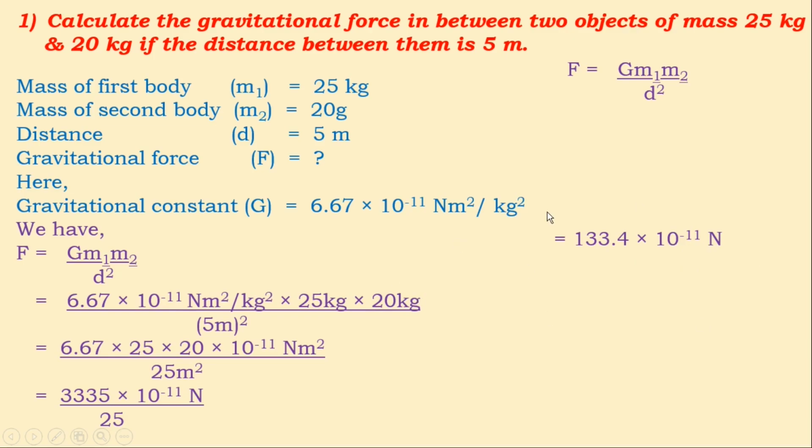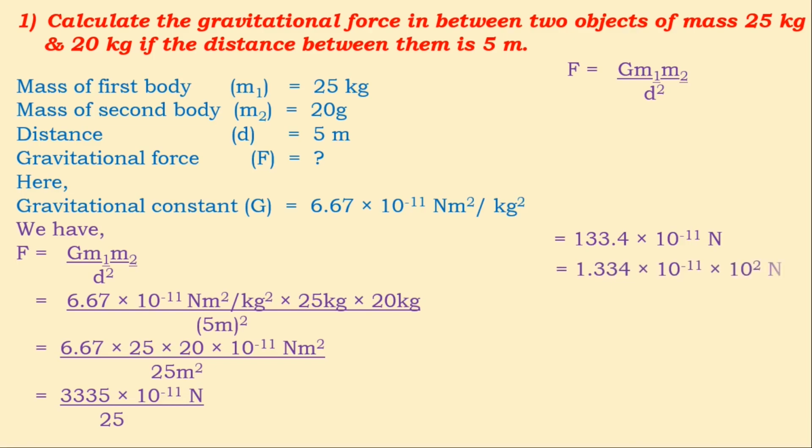Normally we do not express the answer like this. The decimal point is normally placed after one digit. It means we are going to write 1.334 into 10 to the power minus 11. To shift this point two digits to the left hand side, we have to multiply with 100, because two digits are shifted to the left. Multiplied by 100 means 10 to the power 2.